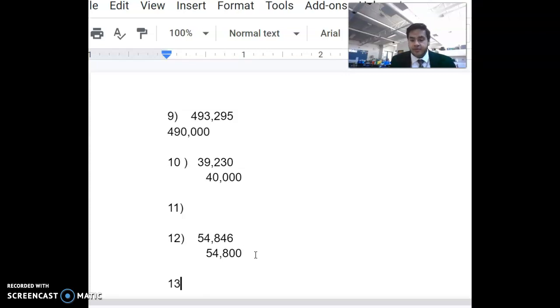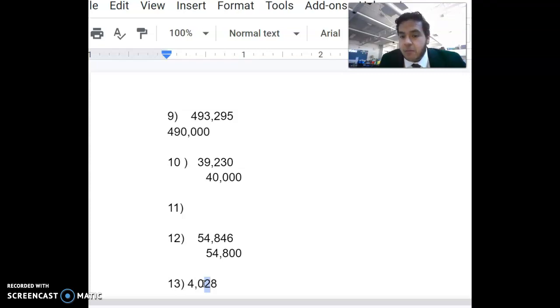Okay, 13. I'm not going to go back to the paper because it's just easier to go. 4,028. And our 2 is underlined. So we look next to the number that is underlined.